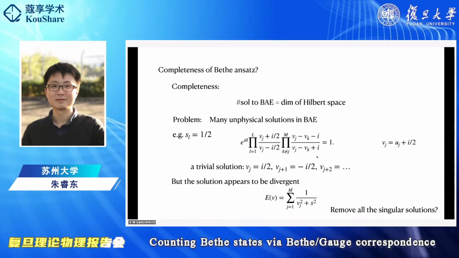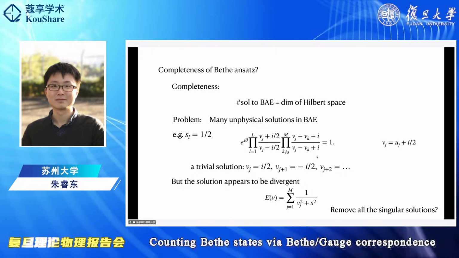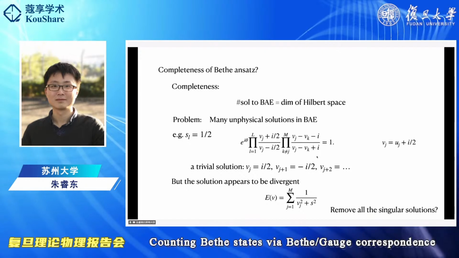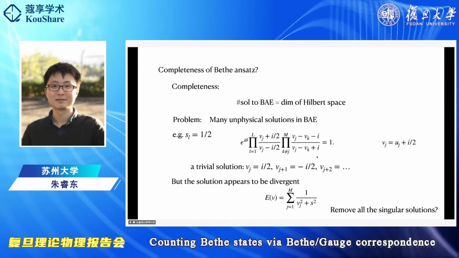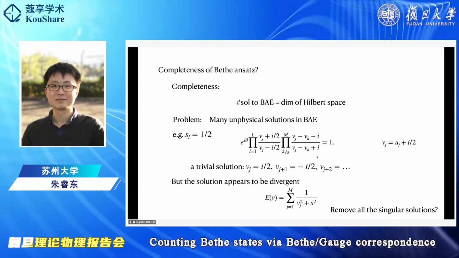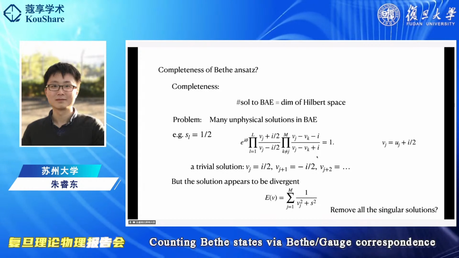For example, if we take all the spins at each site to be 1/2, this is the Bethe-Ansatz equation, and you will see there's a very trivial solution. Like I take v_j to be i/2, then this will be 0, right? And then I can take another, say v_{j+1}, to be minus i/2. Then we can see that v_j minus v_{j+1} minus i is 0.